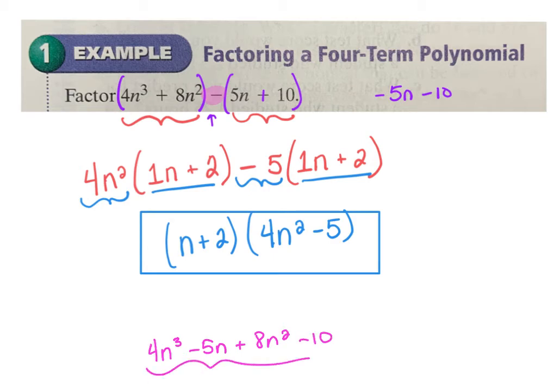If I put that in standard form, 4n cubed plus 8n squared minus 5n minus 10. And that was my original problem. And so that's a way to check that, yes, I did that factoring correctly. So go ahead and try A and B at the bottom of page 496.